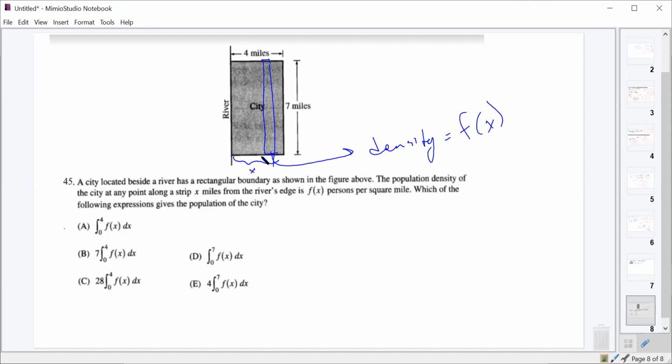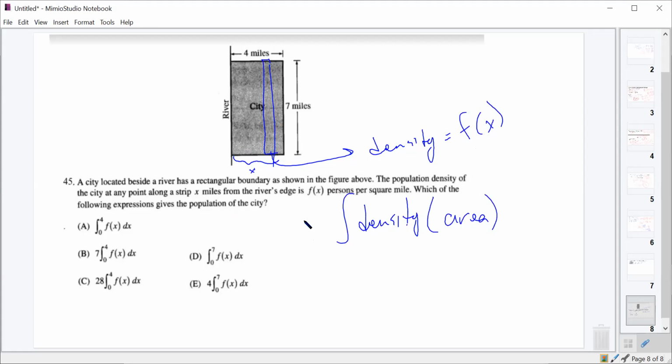We don't actually know what f of x is, so we don't know if it's getting more or less dense as you move away from the river, but we know that the x value, when you plug it into that function, gives you the density. We want an expression for the population of the city. We should figure out the population in a strip of land here. The population in the strip of land ought to be the density times the area of that cross section.